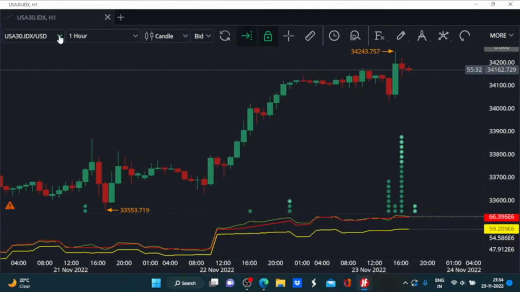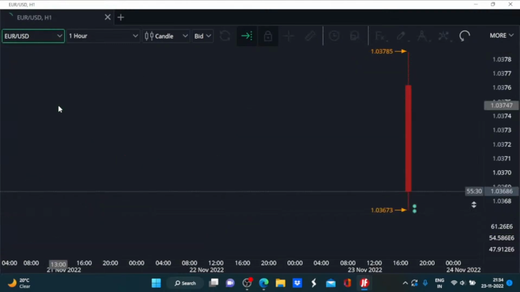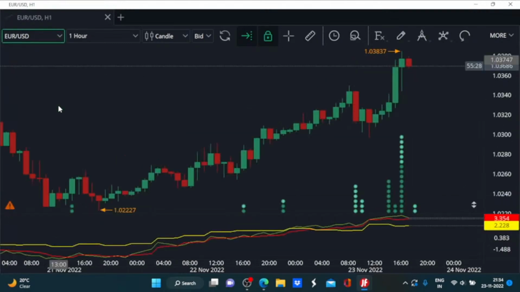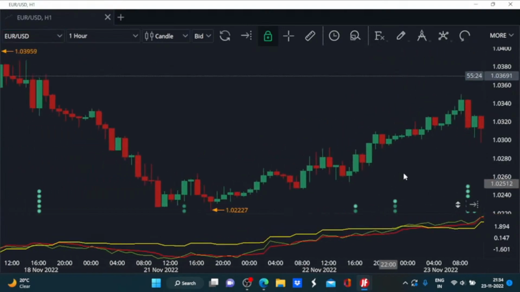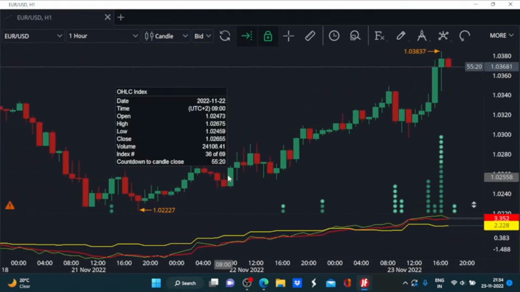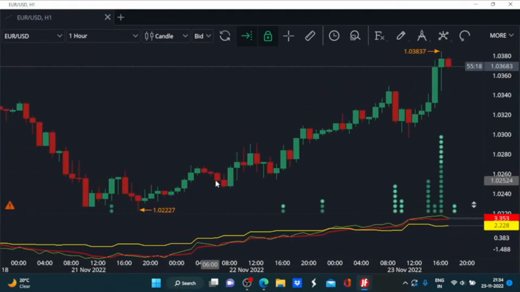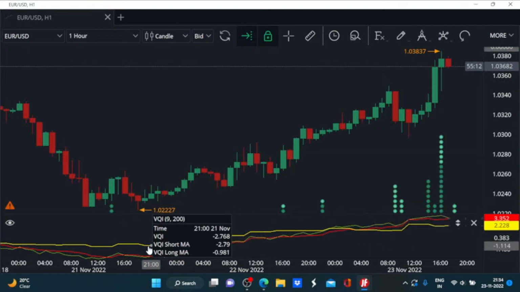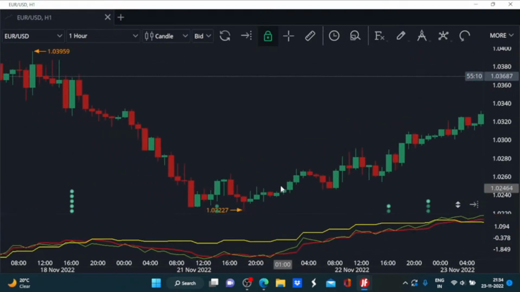Suppose we change the chart and go to the most used currency instrument, Euro USD. Then you can notice that for the last almost a day, if we go back in time to yesterday's trading session, the VQI has been on the rise. So in that sense, its volatility has been on the rise.